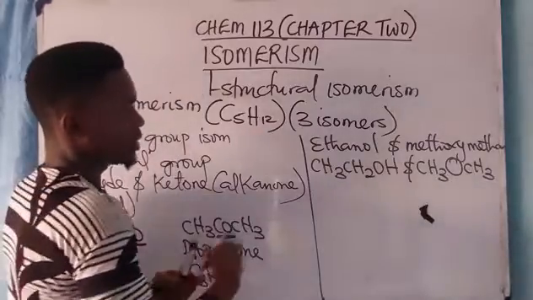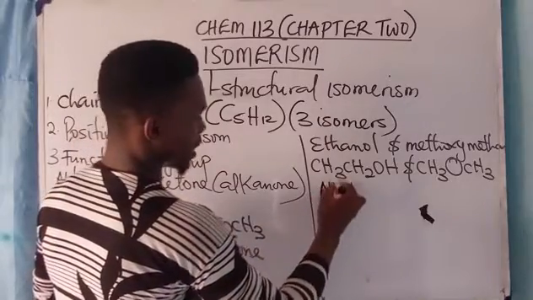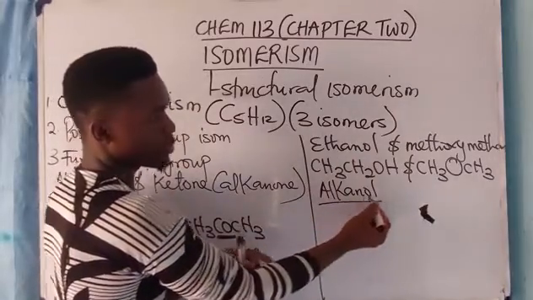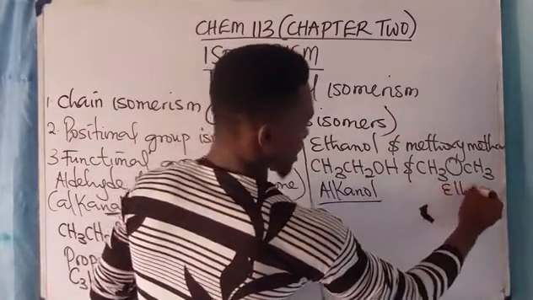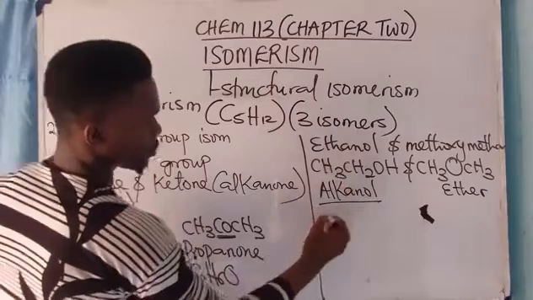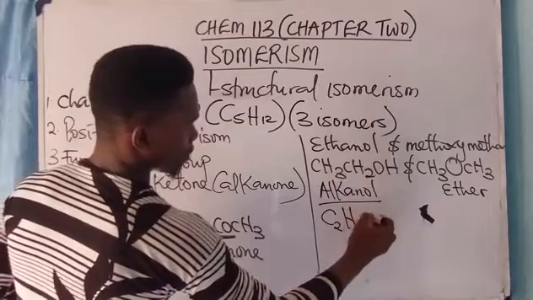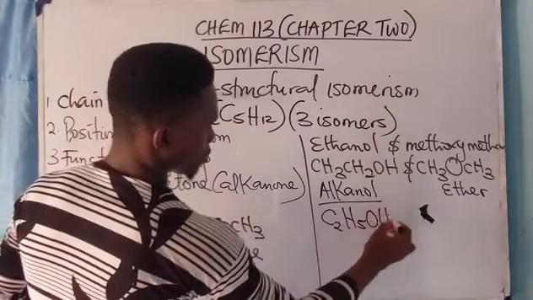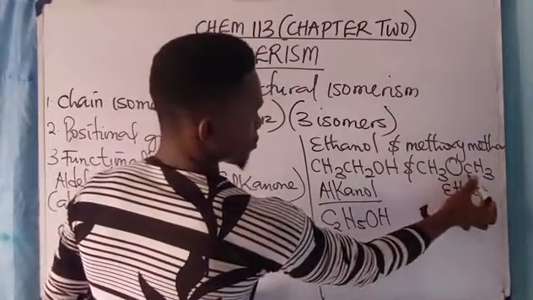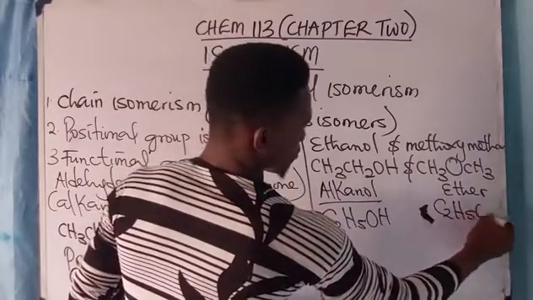Now, this ethanol, this O, I told you is from the alkanol functional group. Then the O here indicates the ether functional group. Let's check if we have the same molecular formula. C2H5OH.